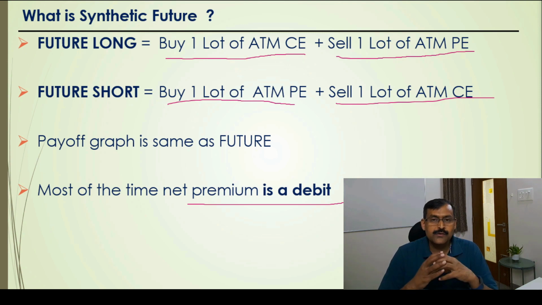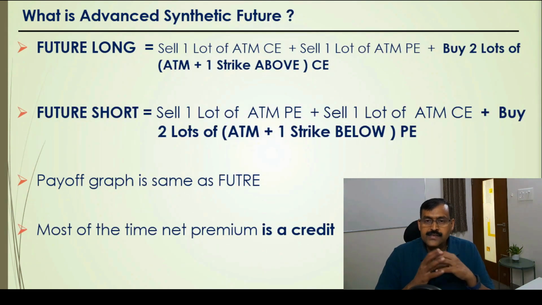Now you don't want to even pay this premium. Is it possible to still go synthetic long or synthetic short future? Yes, it is possible, using the advanced synthetic long and synthetic short future. So here is how you can do the advanced synthetic future long and short.